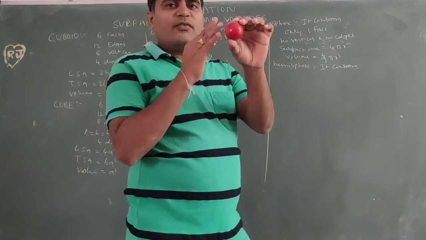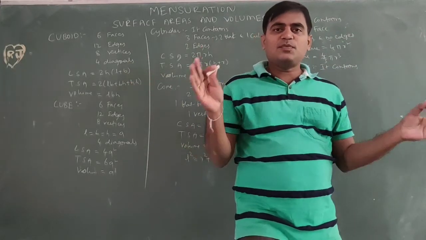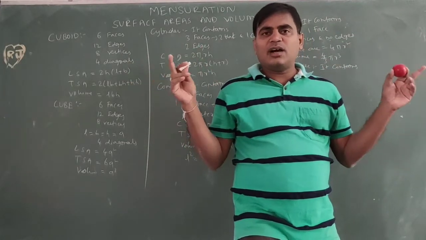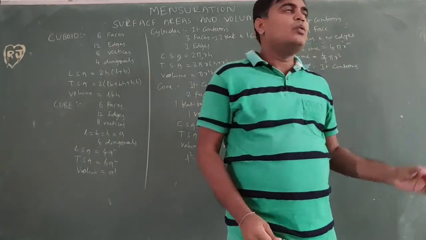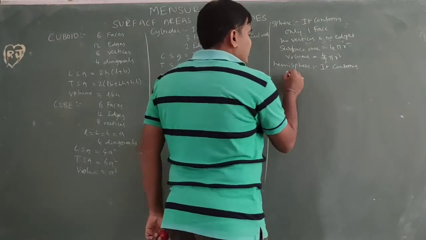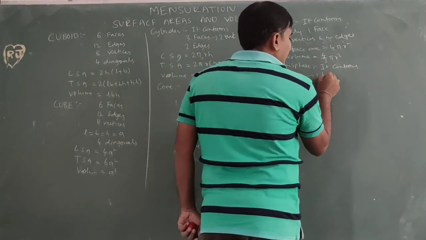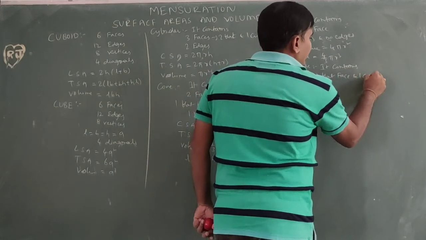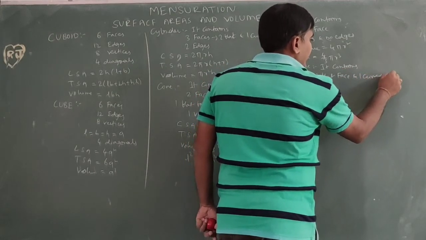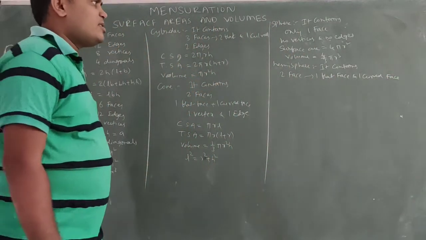So this single face divided into two parts, and each of them is called a hemisphere, and each hemisphere contains two faces: one flat face and one curved face.